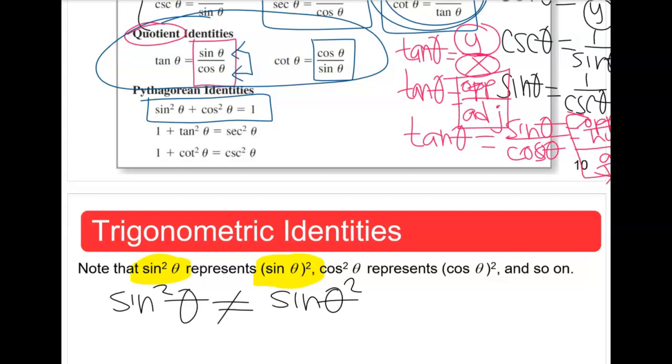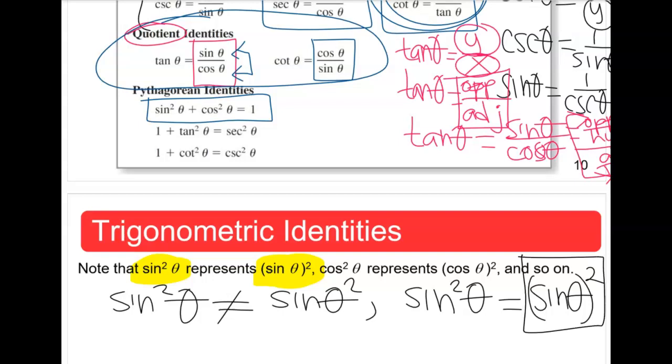That will be different. Sine squared theta is like if you had sine of theta and then you multiply it by itself, or you square it. That's what it means. And in fact, this is how we have to input it in some calculators: the sine in parentheses, and then the square outside. So that one, I'm just going to go over the easiest explanation for that.